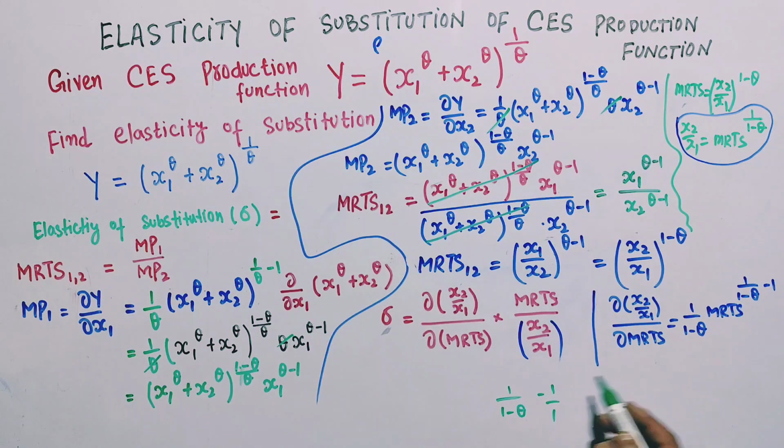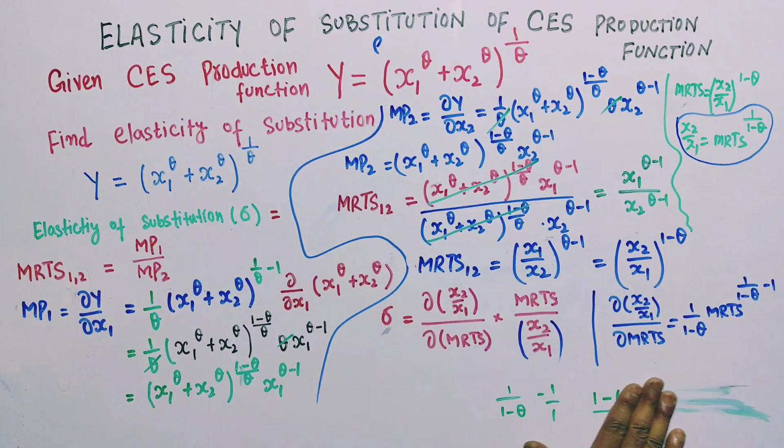So I'm just trying to first solve this. We have 1 minus (1 − θ)/(1 − θ), so it becomes (1 − 1 + θ) divided by 1 − θ. We get θ/(1 − θ) as the exponent here.